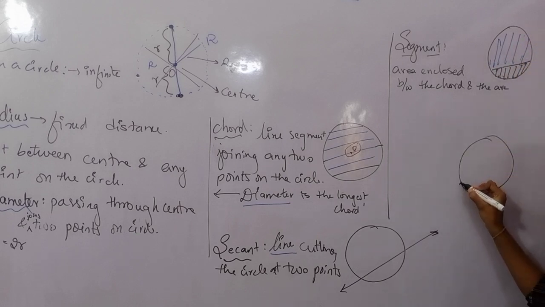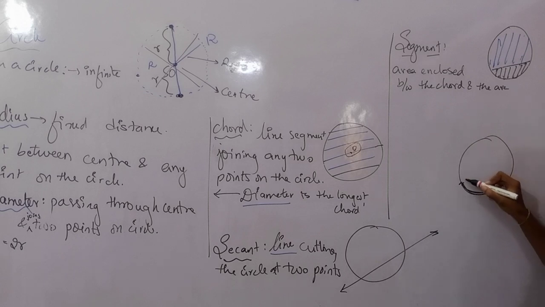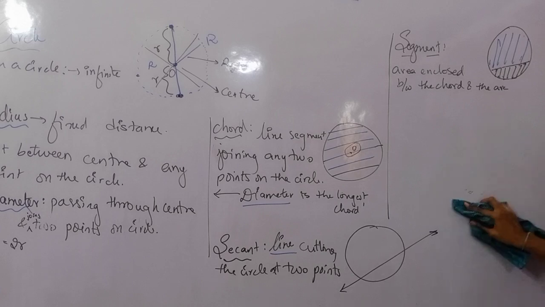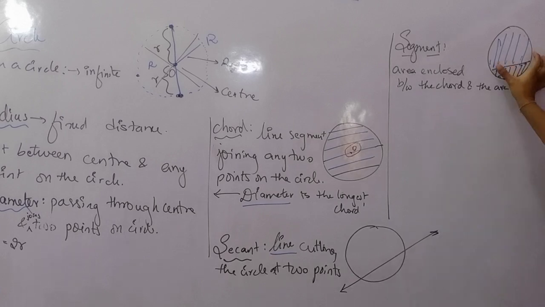Suppose this is a circle, if I take a part of the circle, this is called an arc. This is the minor arc because it is small, and this is the major arc. So the area enclosed between the chord and the arc is called a segment. If it is the minor arc, it is called the minor segment. If it is the major arc, this area is called the major segment.